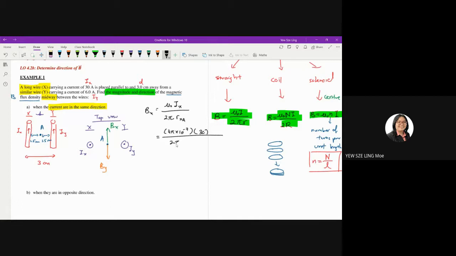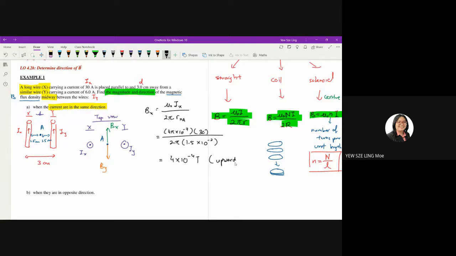And then 2 pi. Remember to change R into SI units. We have 1.5 cm, so it is 1.5 times 10 to the power of negative 2 m. Eventually you will obtain BX equals 4 times 10 to the power of negative 4 Tesla, and it is upward.